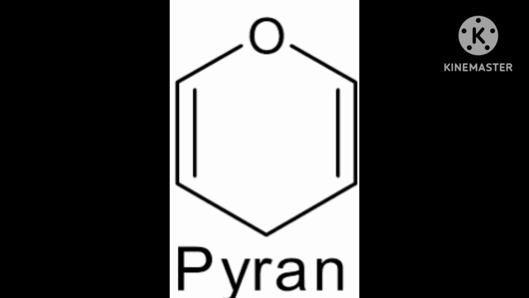That is actually making a ring. Glucose forms a 6-membered ring in which OH at C5 is involved in ring formation.